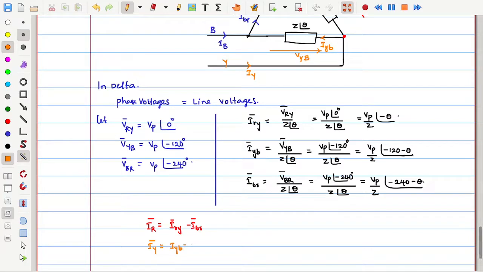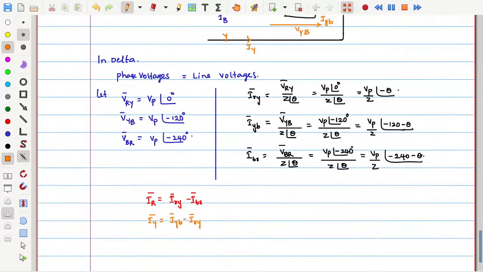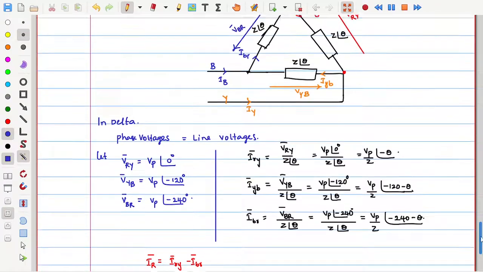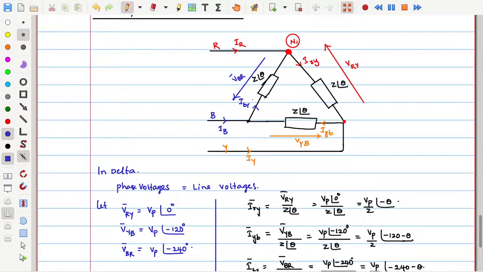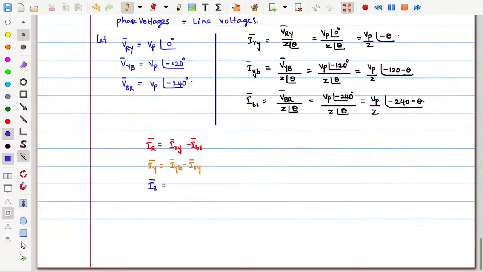Similarly, IB, the line current of the B phase, let us see how can I write IB. So IBR minus IYB. So in this way you can get the line currents for the load also.